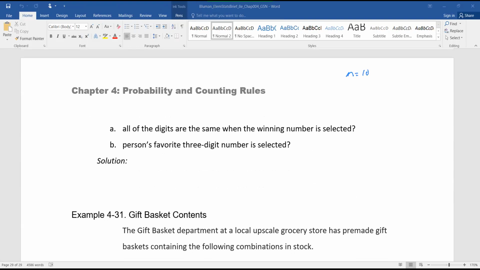And then how many of those 10 digits am I selecting? 3. There's only 10 digits you can make up a number with, 0 through 9. And I want 3 of those digits. Now, it does say with repetition. So is that going to be permutation or combination?